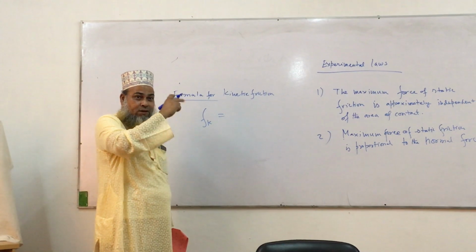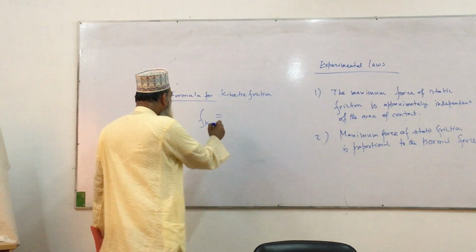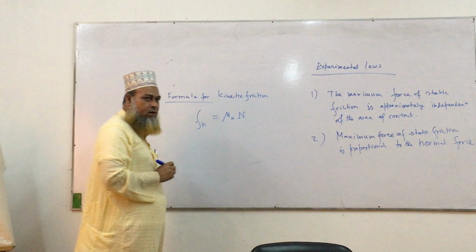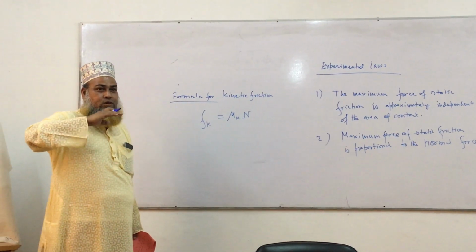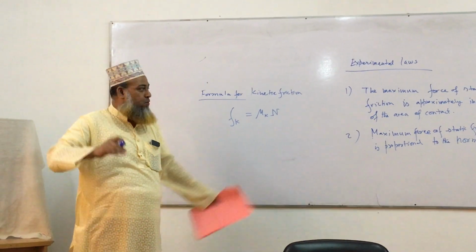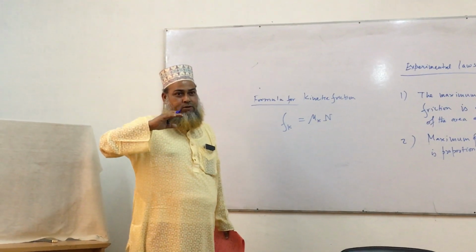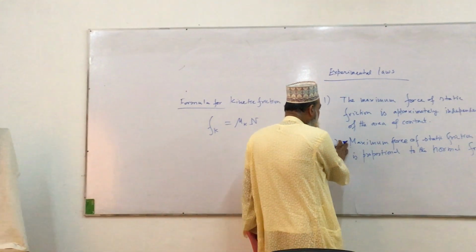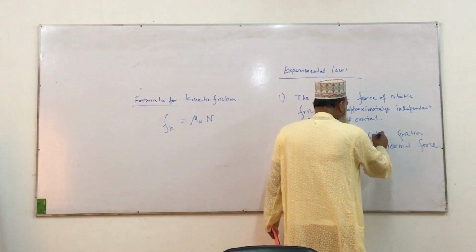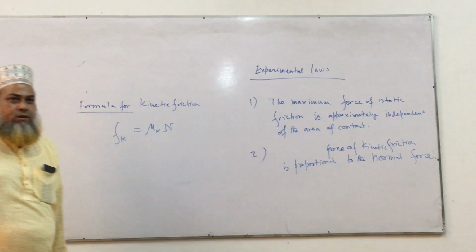Because in the graph you have seen this is a straight line, Fk is constant and it is proportional to normal force. Say a second law, it is proportional to the normal force. But here you don't have to write this maximum. Force of kinetic friction is proportional to the normal force.